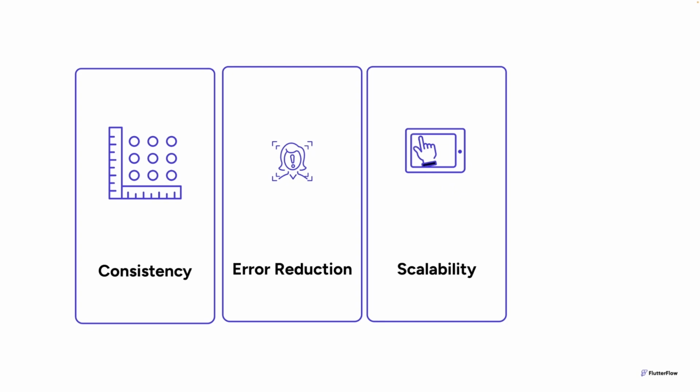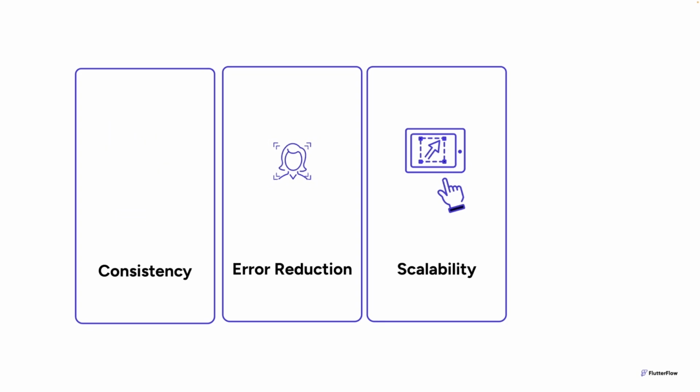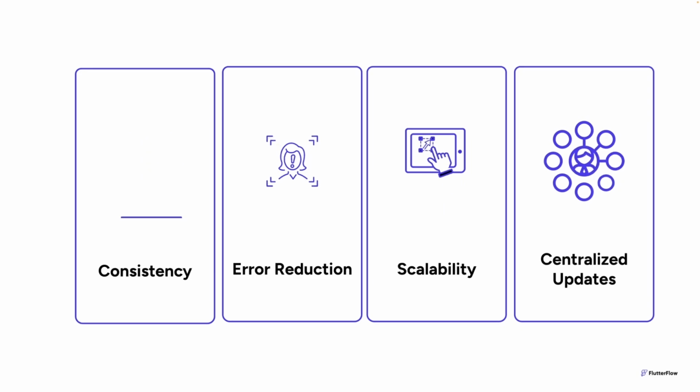As your app grows, maintaining a DRY code base through the use of components makes it easier to scale. Adding or modifying features becomes more straightforward and less likely to introduce errors. And finally, creating a component once and reusing it across different parts of your app ensures that any design or functionality changes are made in one place.